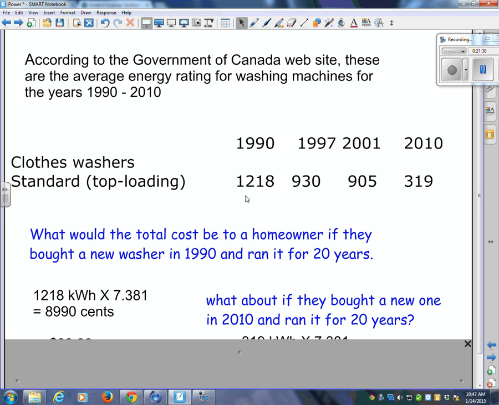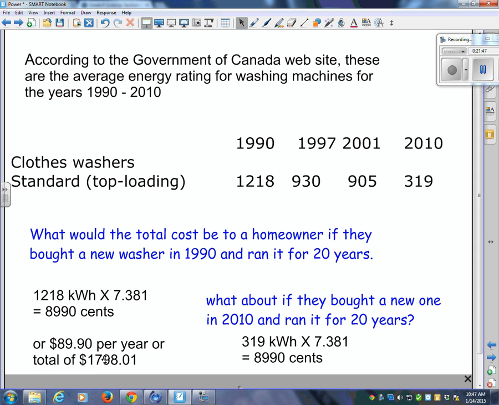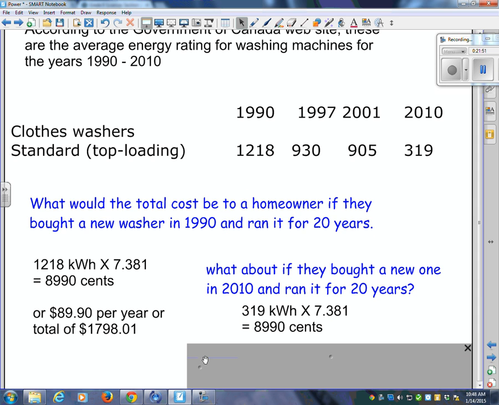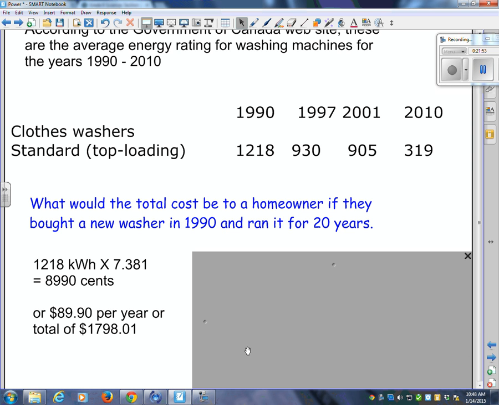So it's 1,218 times the cost, 8,990 cents. That's $89.90 per year, or a total of $1,798.01. That's still not bad. So over 20 years, that washer used about $1,700 of energy, about $89 a year.